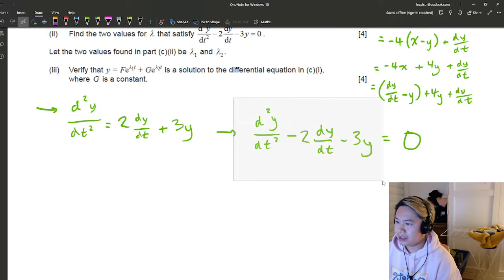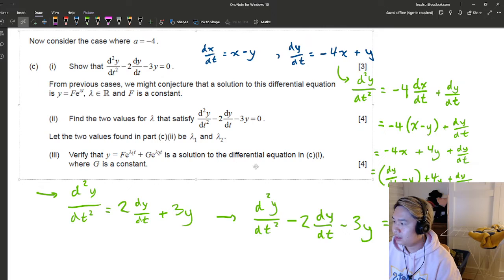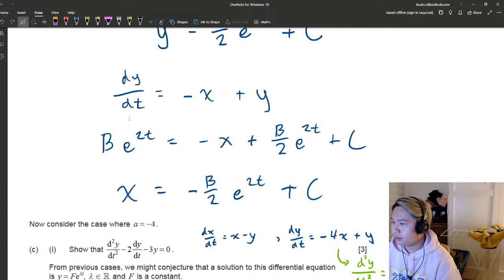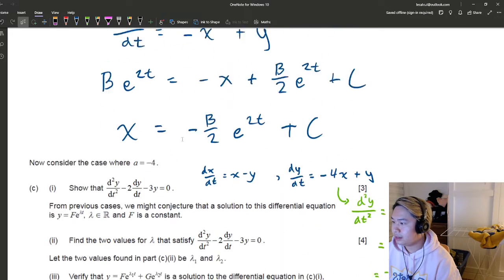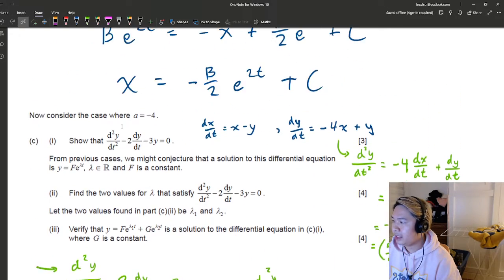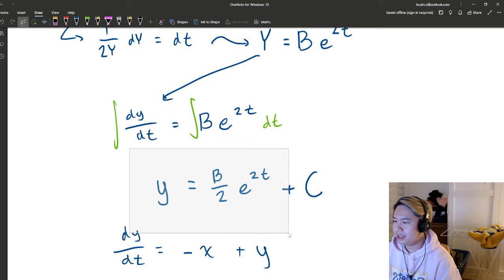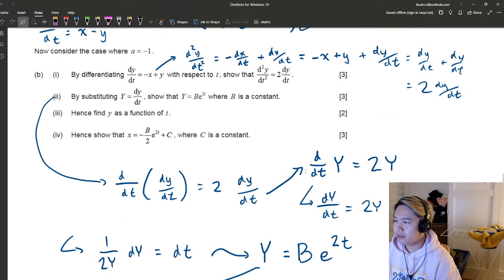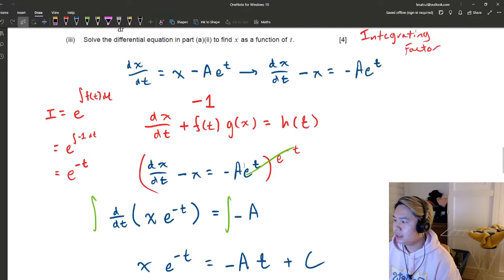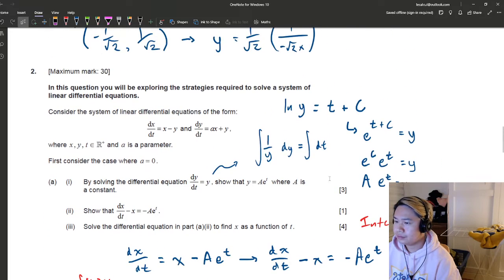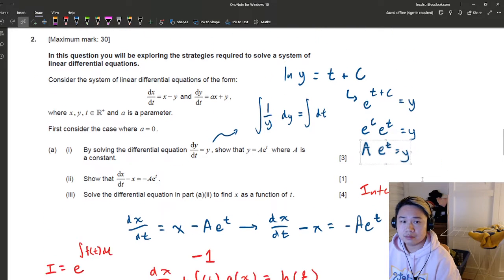Okay, so we basically have this here, and then from previous cases we conjecture that there's going to be a solution for y, and it's going to be in this format. Again, from our previous cases, here and here.